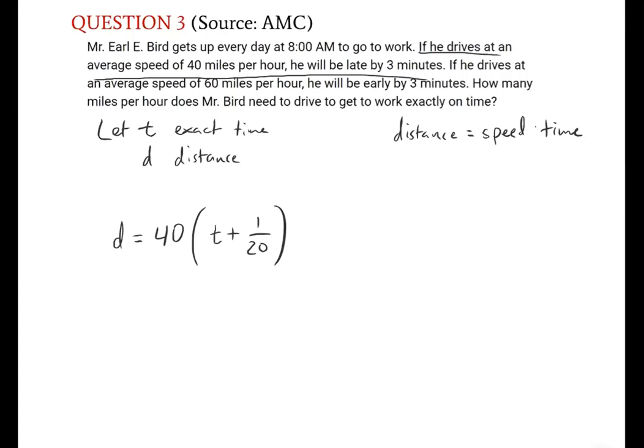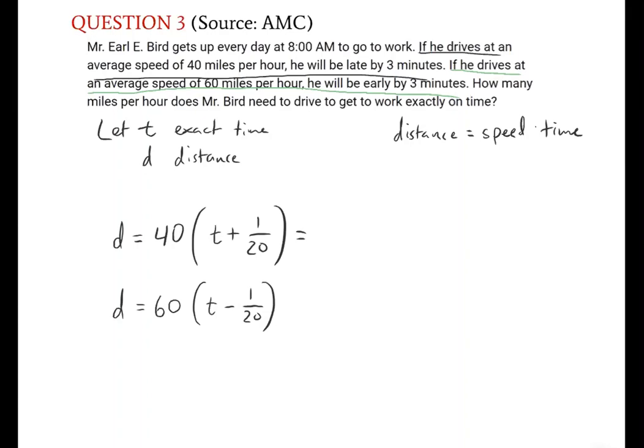Just convert it into hours. And then the second statement, if he drives at an average speed of 60, he will be early by 3 minutes. So his speed for this is 60, and he'll be early by 3 minutes. So minus 1/20.